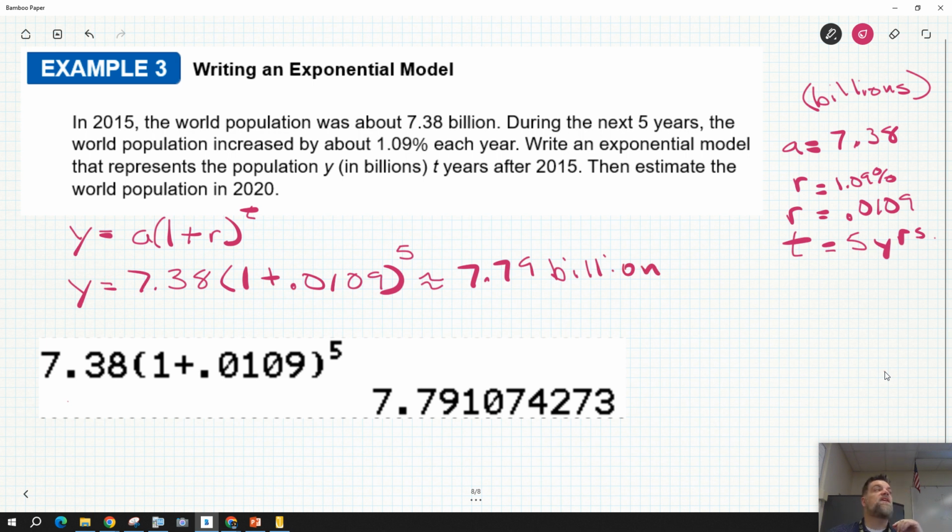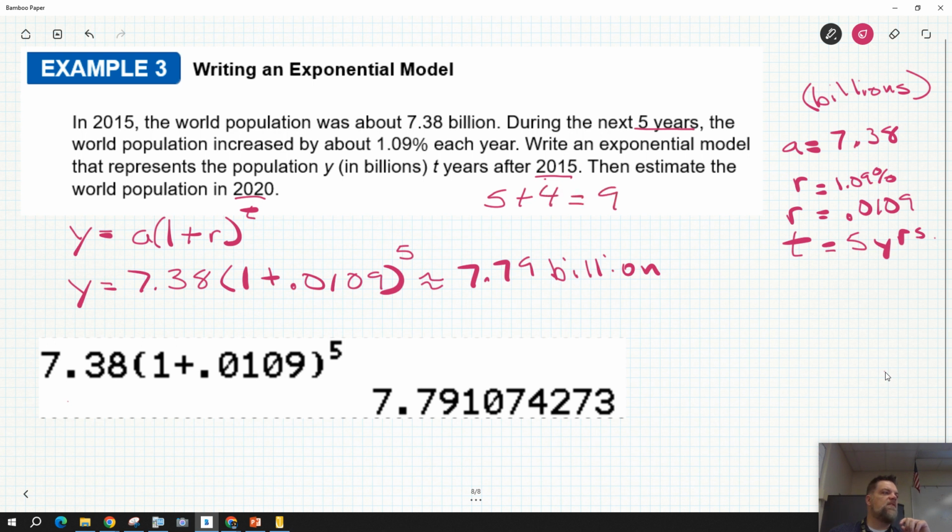Now that was for 2020. You guys want to guess what the population is today? How would I change that for today, for 2024? What would I change? Remember, this model is in 2015 to predict 2020. What's the difference in those? 5 years. So how many years is it since 2020? 2024? 4.